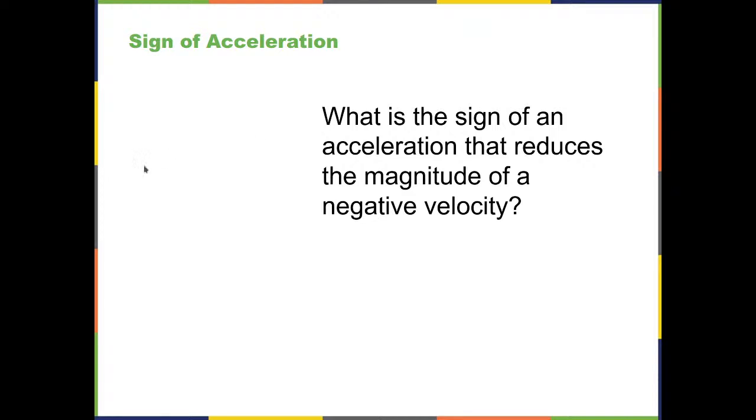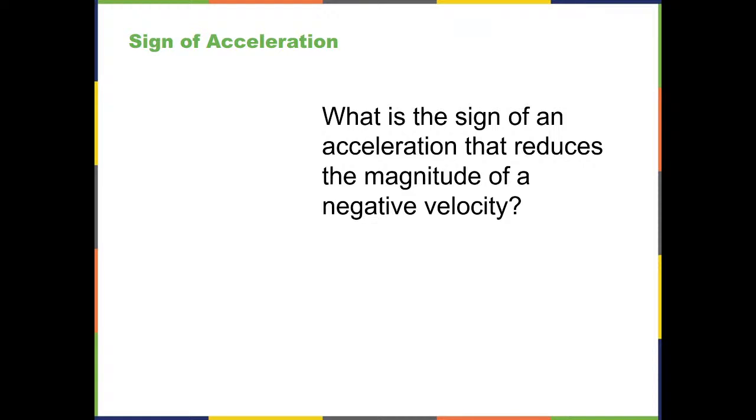So let's go with 1 for positive, and 3 for negative. You see a few answers, but not too many. So 1 for positive, 3 for negative. I see a lot of ones in the chat.